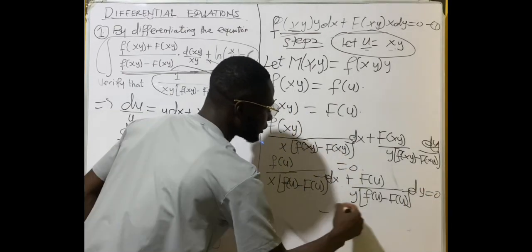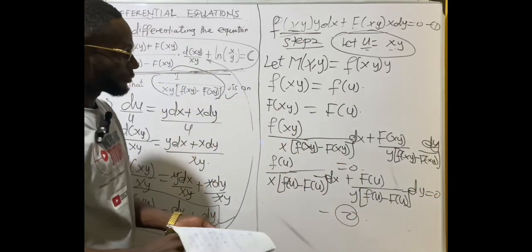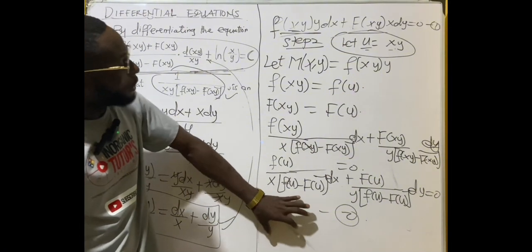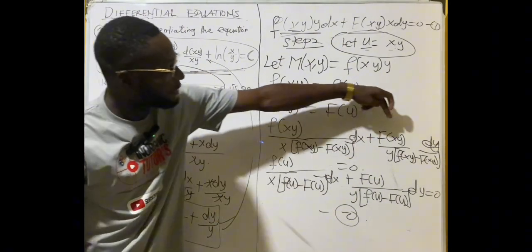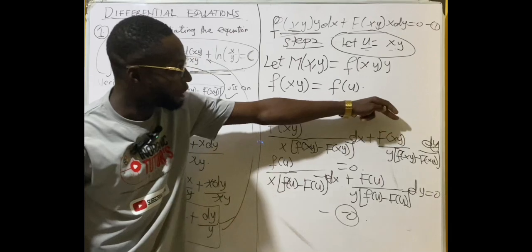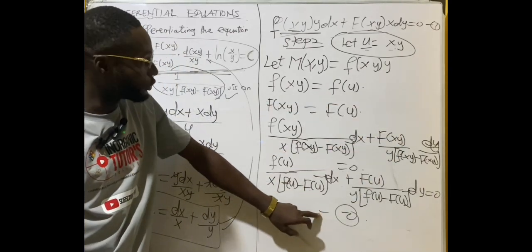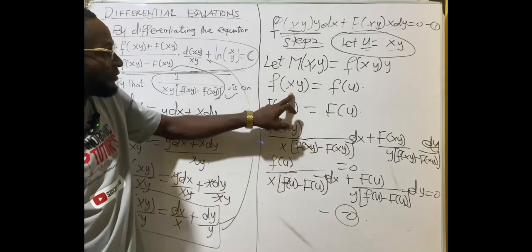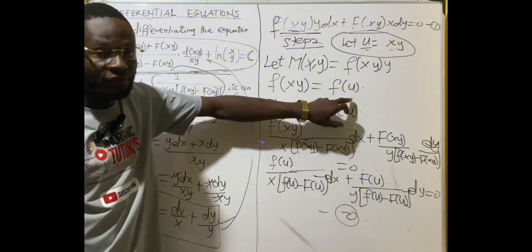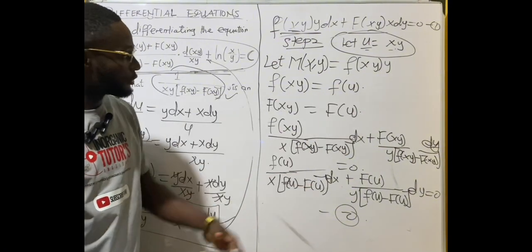So we consider this to be what? Equation 2. Right. So we have simplified. This was our equation 1. We have simplified that to equation 2 by substituting f of xy equals what? f of u in place. Right.